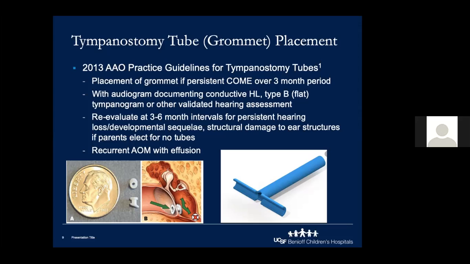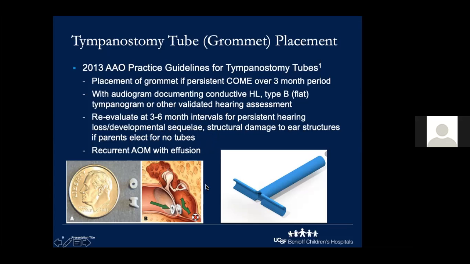We'll talk a little bit about the complications of this quite common surgery. But reevaluation every 3 to 6 months for persistent or developing hearing loss and other sequelae is quite important. But there are a number of patients that resolve, obviously, without intervention.